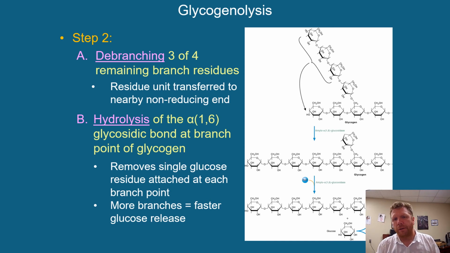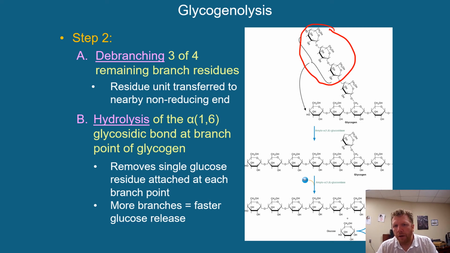The debranching enzyme will say, that's fine, I'm going to take the last 3. So the branch point is basically going to be broken off and there's only 1 glucose molecule there. So that former 1,6 linkage, or that former 1,6 link derived branch, has been shortened tremendously.